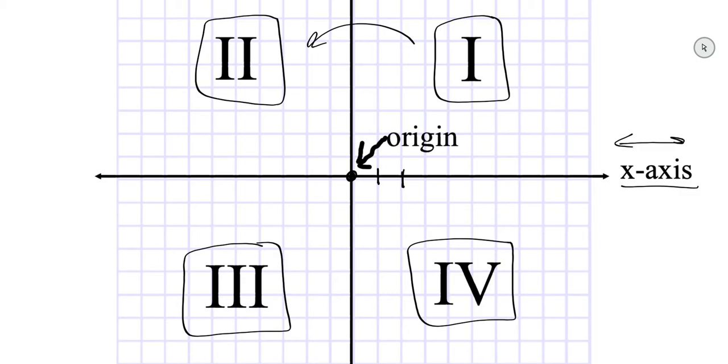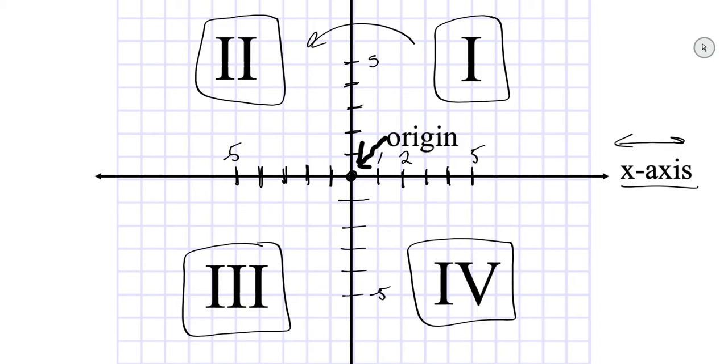We go 1, 2, 3, 4, 5, and then we have 1, 2, 3, 4, 5 this way on our y-axis. So that's called the scale. In our scale here, we went by ones. It's positive to the right and negative to the left. So this would be my negative part of the graph, and then this would be my negative y values on the graph.